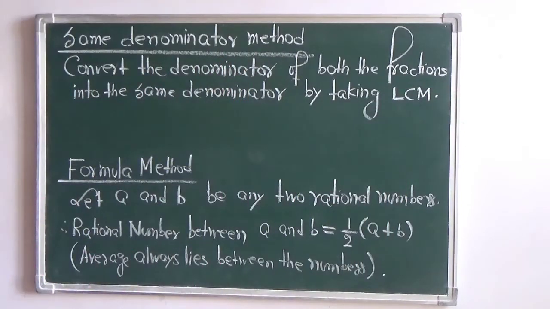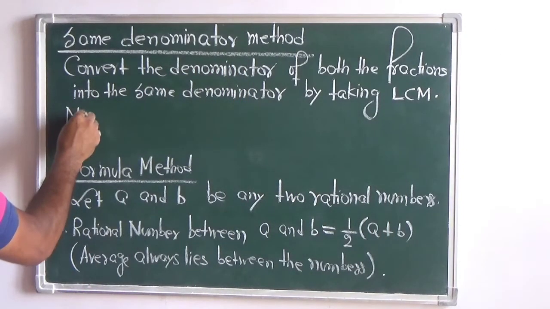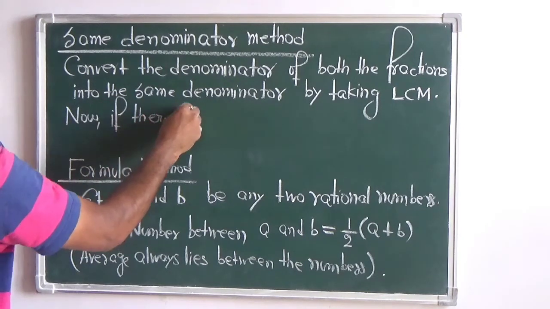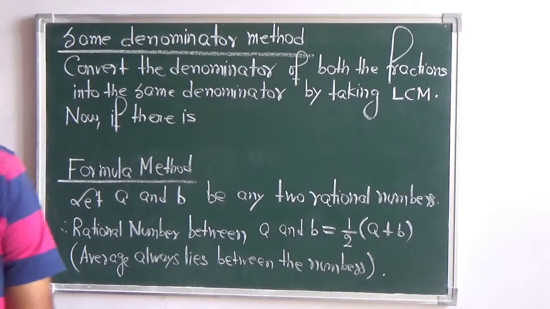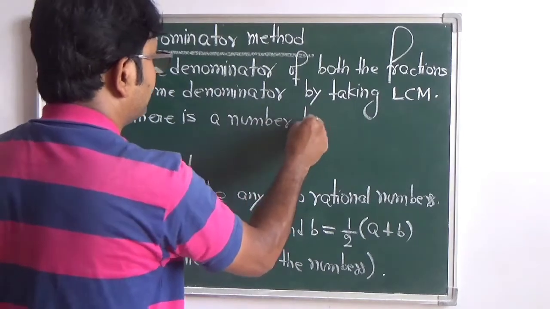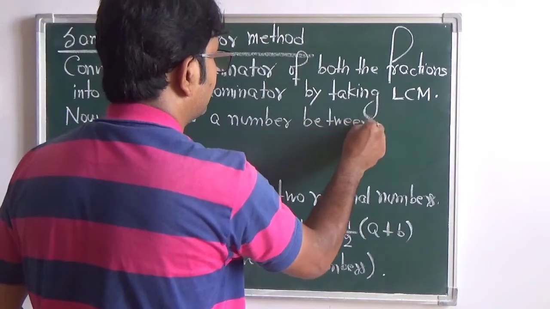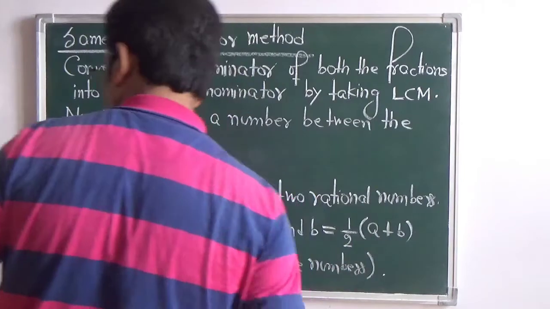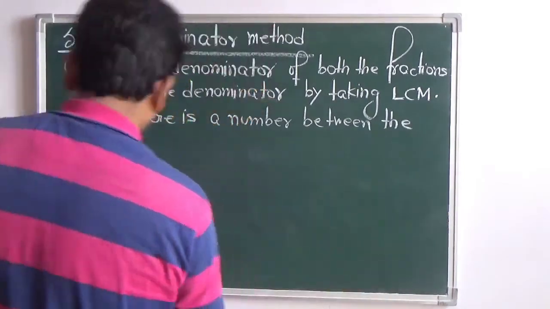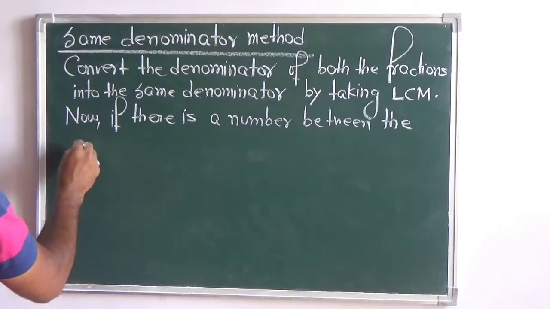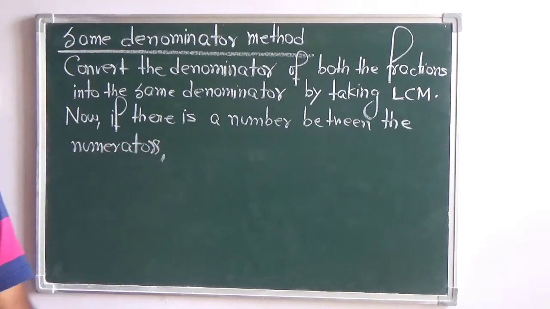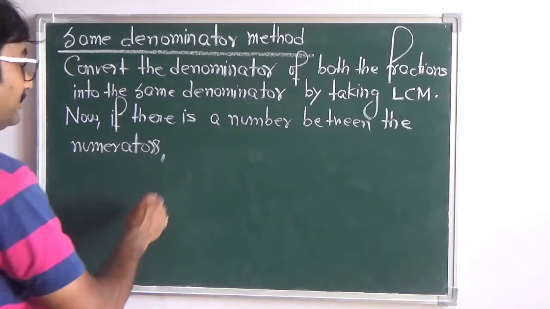Okay. Now if there is a number between the numerators, there is a rational number.